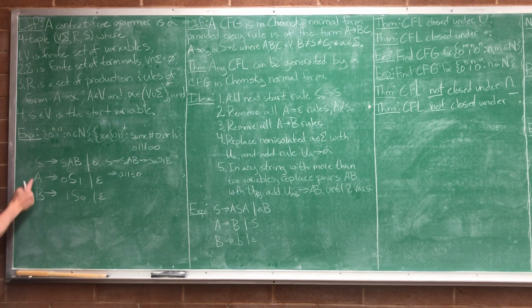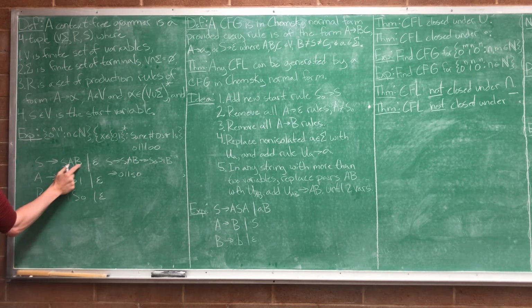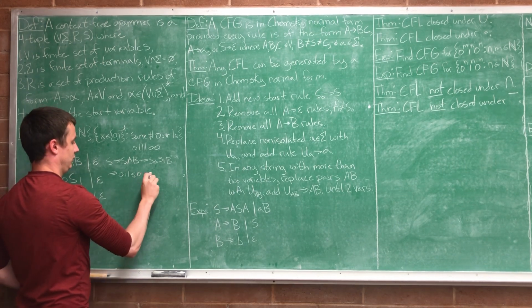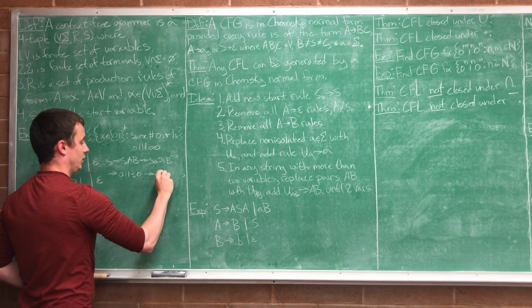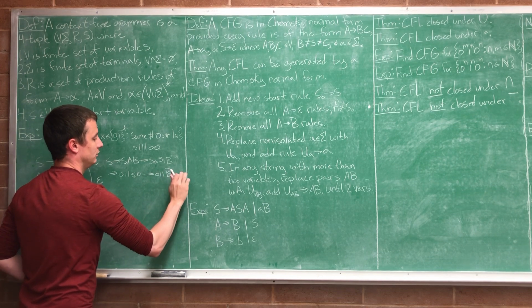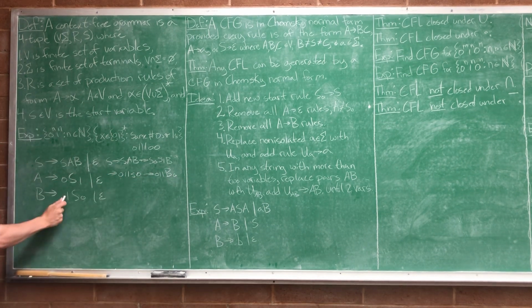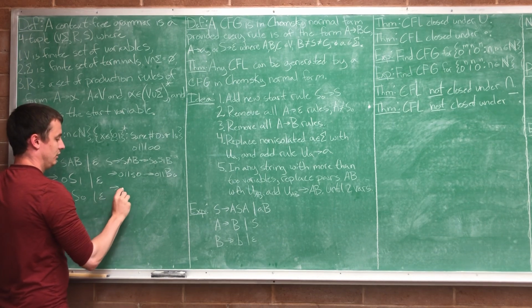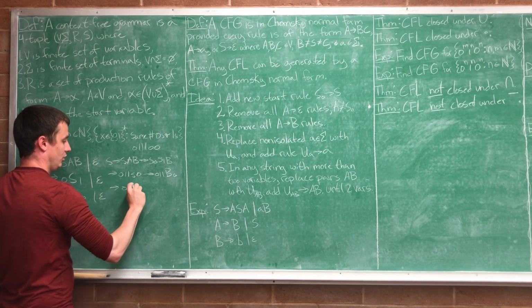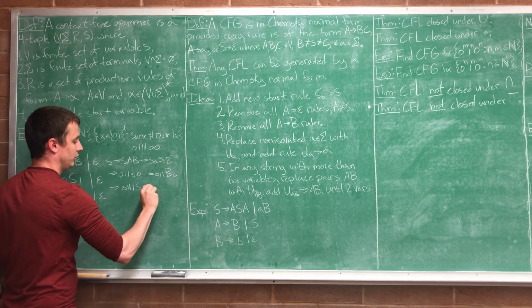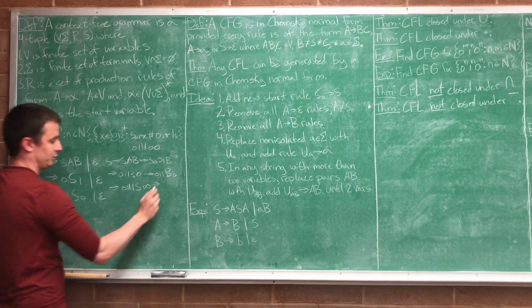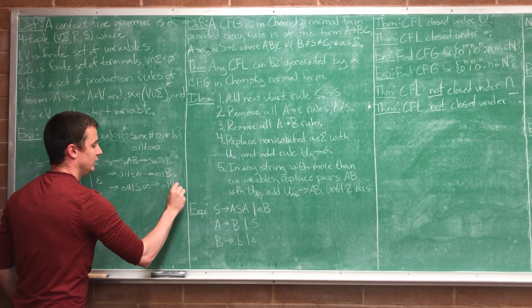Then we're going to replace that S with the SAB, where the S and the A are going to go to epsilon, and really we just care about the B. So hopefully you're okay with this. 0, 1, 1, B, 0. And then we can replace that B with a 1, S0. So that's 0, 1, 1, 1, S, 0, 0. And then finally replace the S with an epsilon, and we get 0, 1, 1, 1, 0, 0.